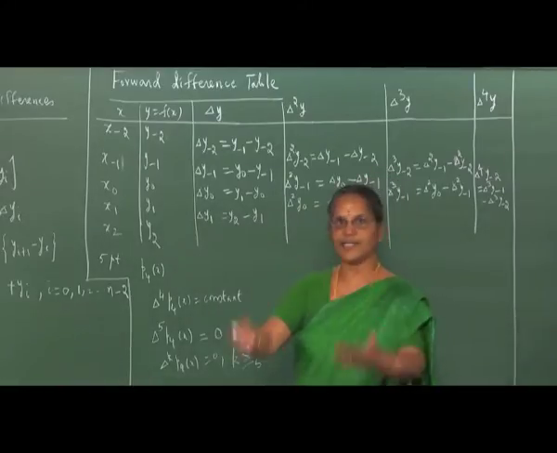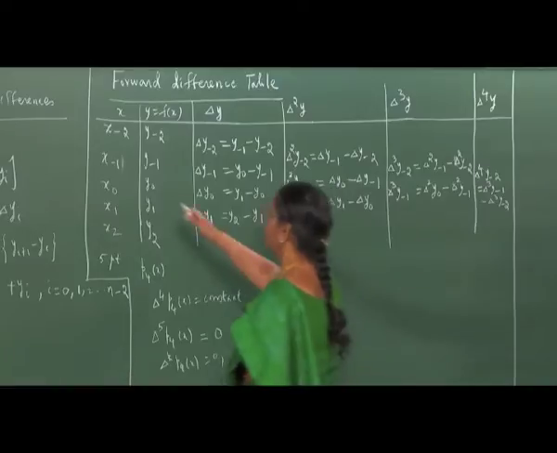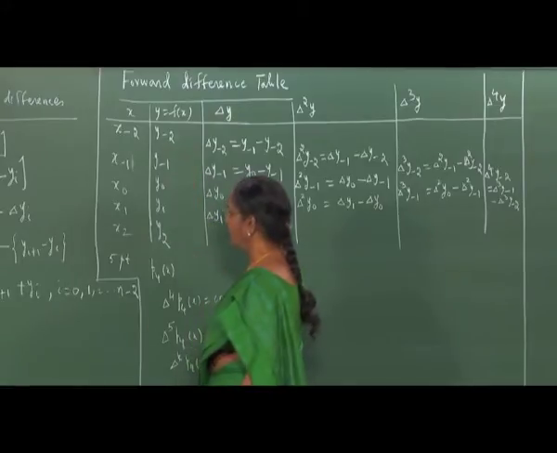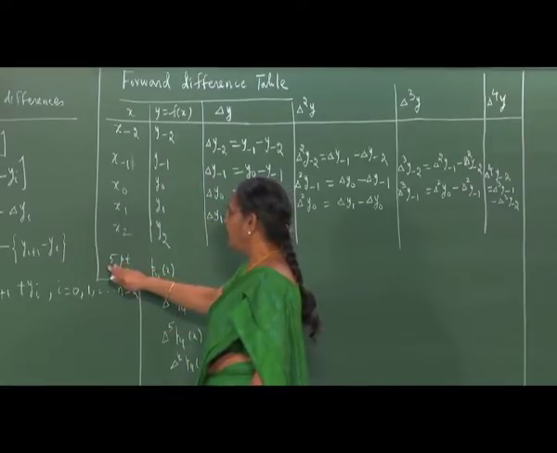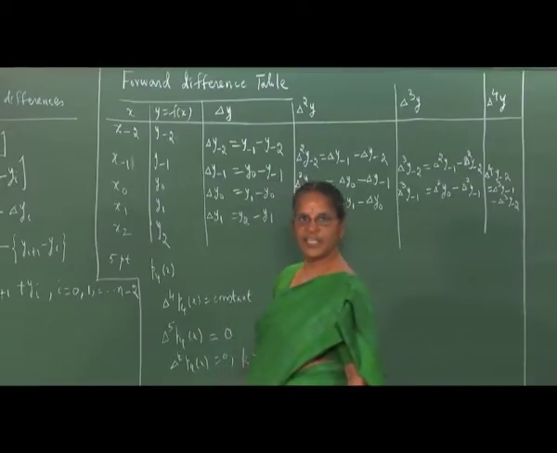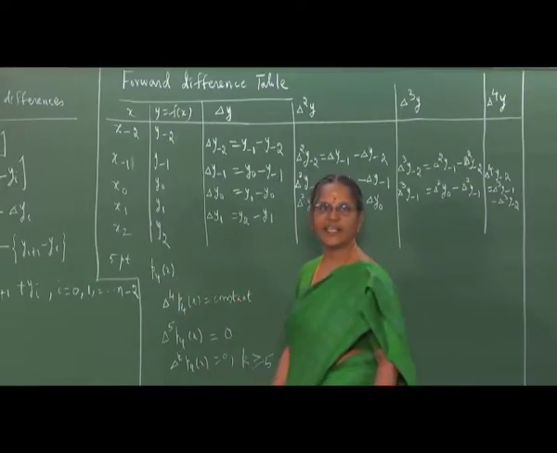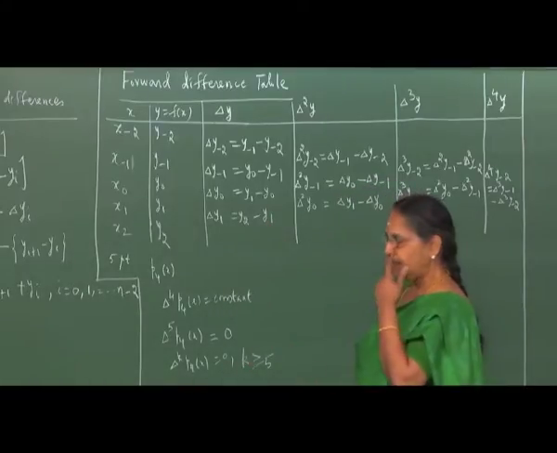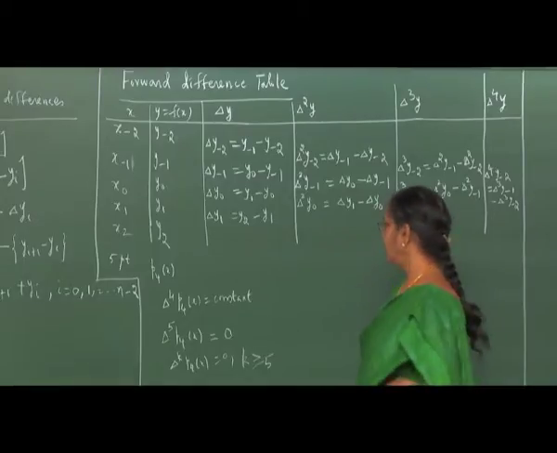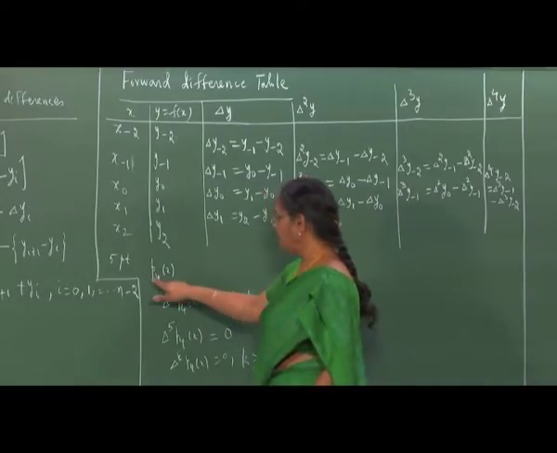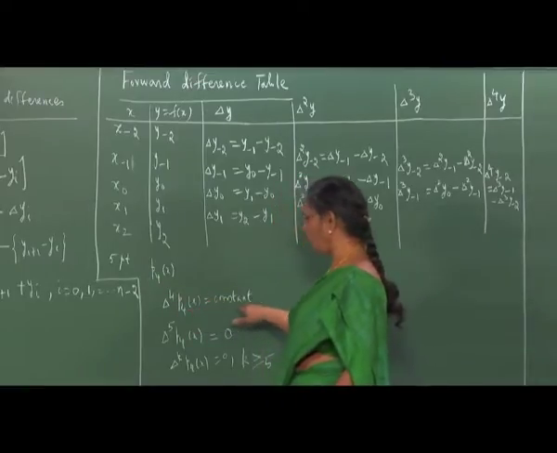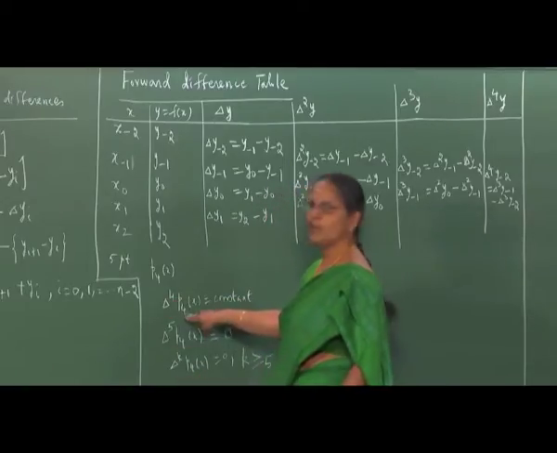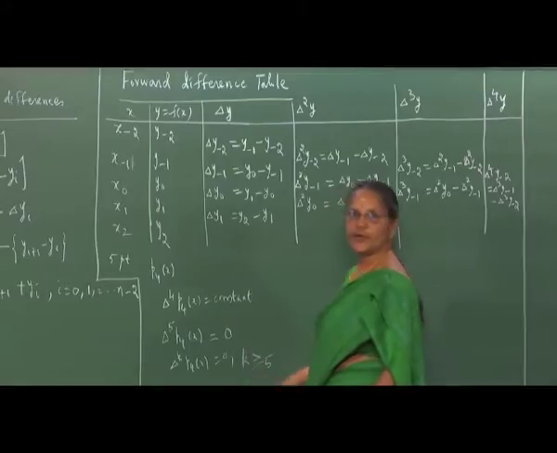I will just repeat again. We have a set of 5 discrete points at which the function values are given. So, there exists an interpolation polynomial of degree 4, P4 of x, that interpolates this function at these discrete points. We will show later that the 4th order difference of a polynomial of degree 4 is constant, and higher order forward differences of this polynomial of degree 4 will be 0.